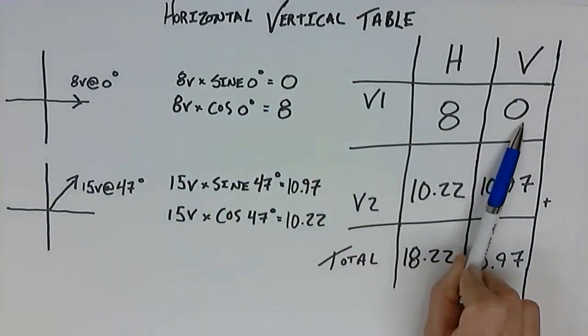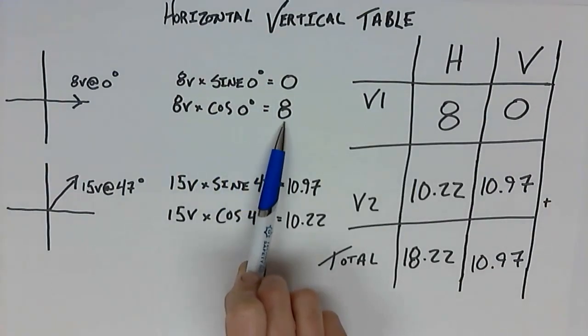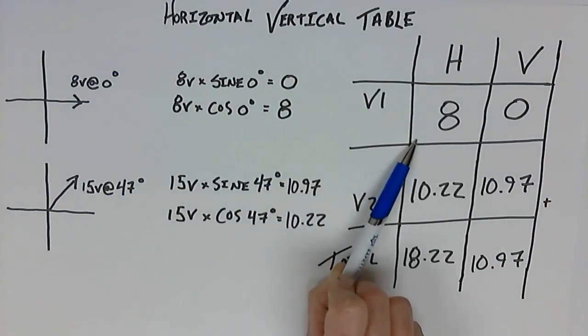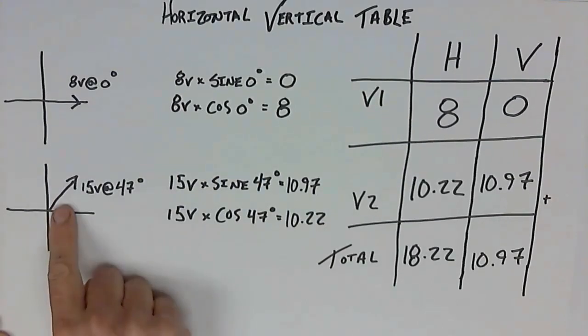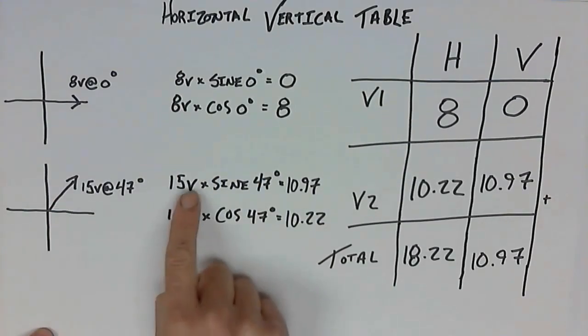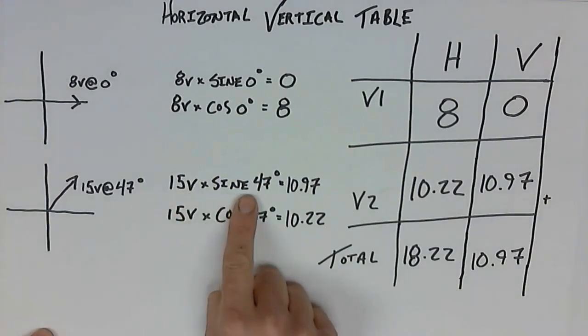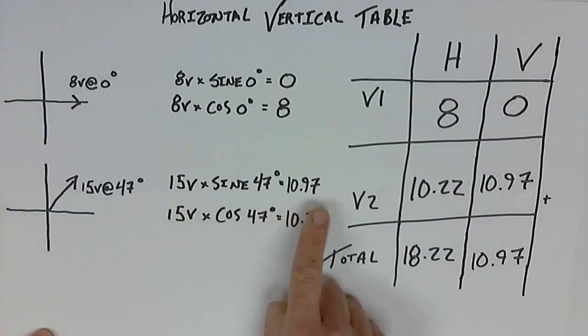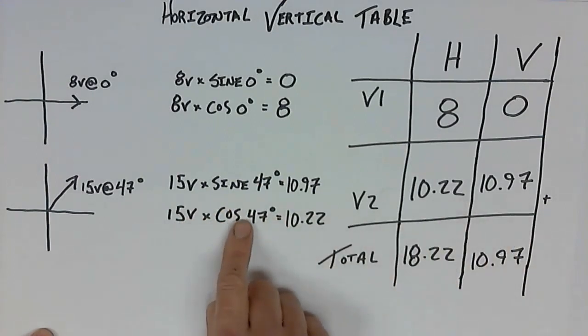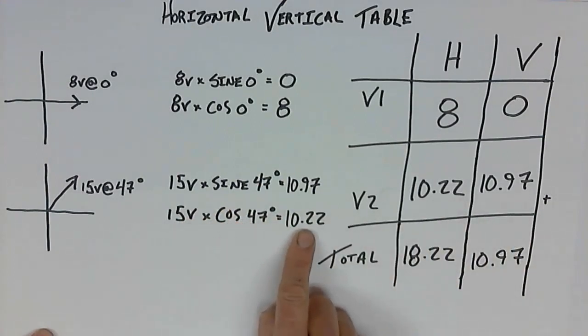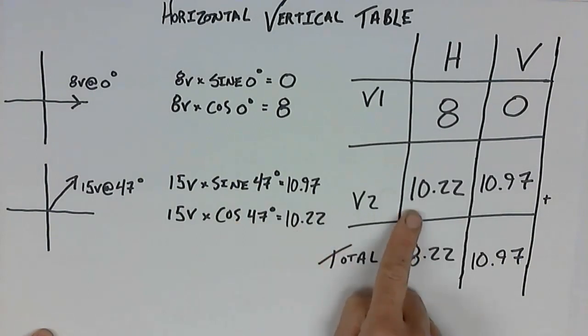That's 0 vertical. 8 volts times cos of the angle is 8. There's 8, my horizontal. I did the exact same procedure on the second phasor down here. 15 volts times sine 47 gave me the total vertical, 10.97 over here. And then 15 times cos 47 gave me 10.22, which was the horizontal.